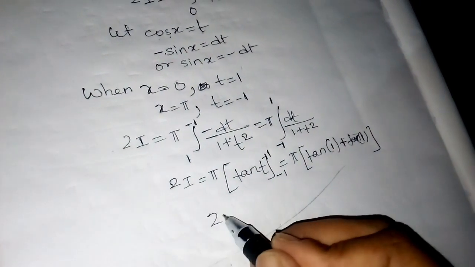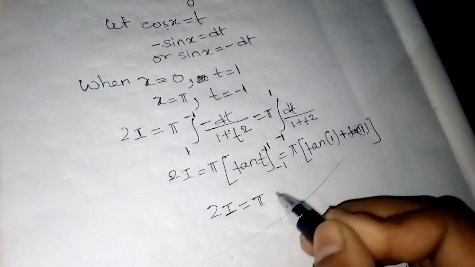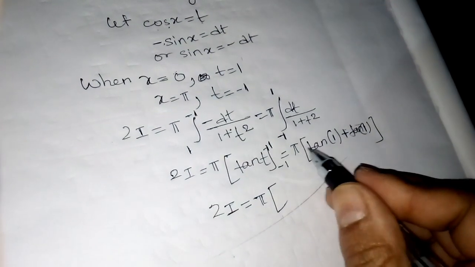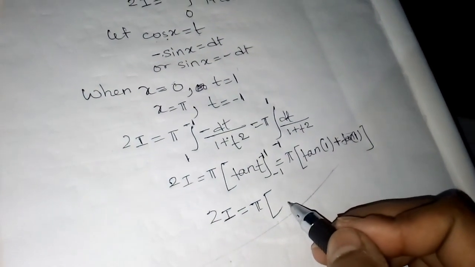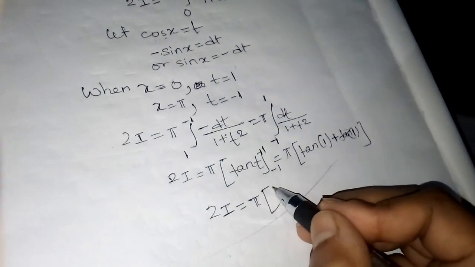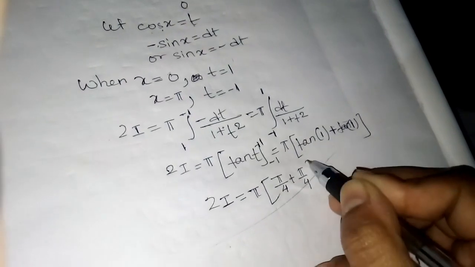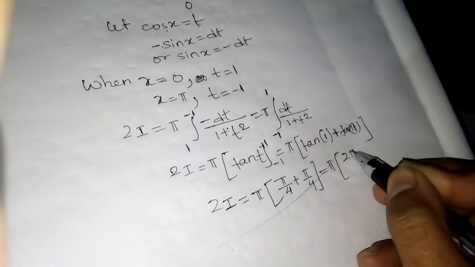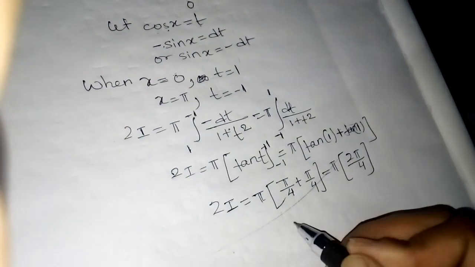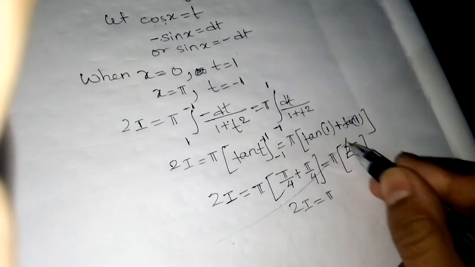So 2I equals pi times tan inverse 1 plus tan inverse 1. Tan inverse of 1 is pi upon 4, so pi upon 4 plus pi upon 4 is 2 pi upon 4.